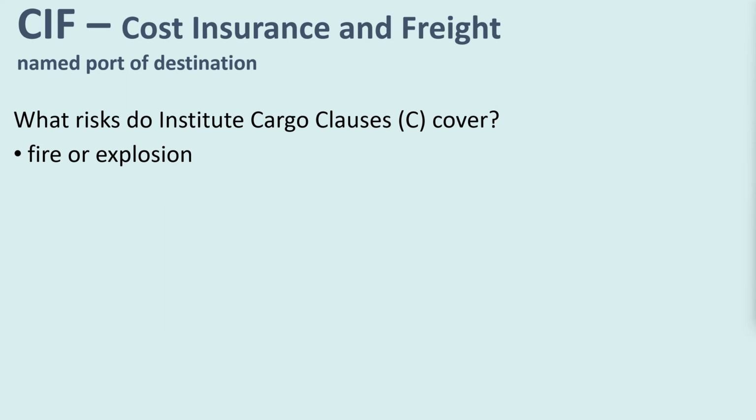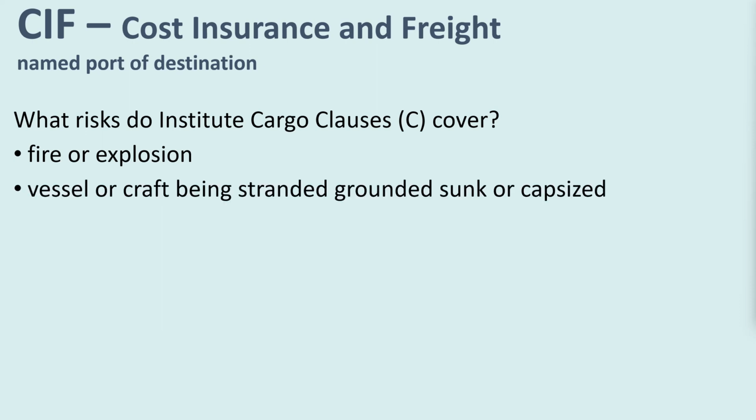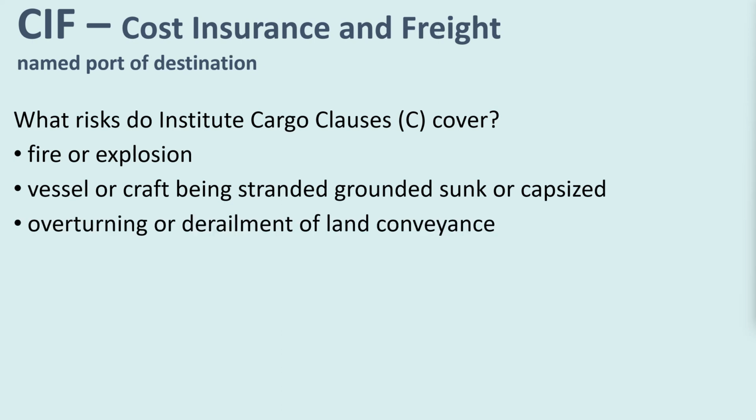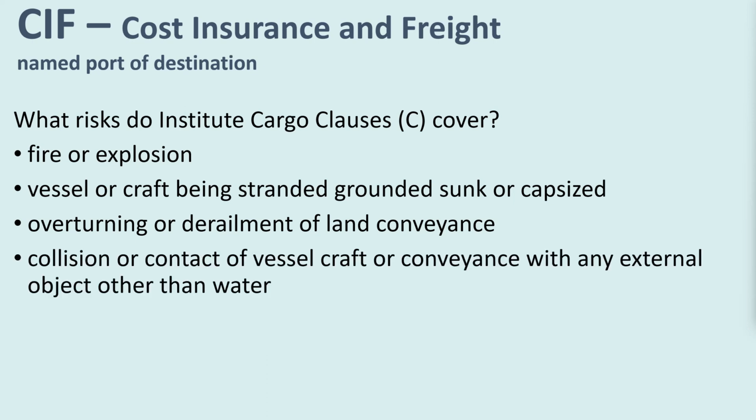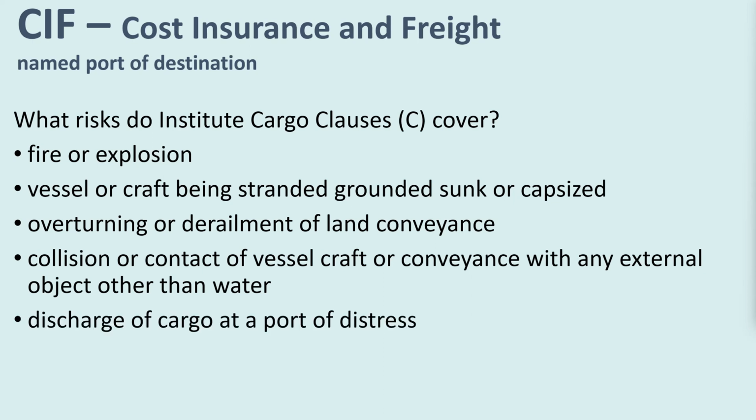Fire or explosion, vessel or craft being stranded, grounded, sunk or capsized, overturning or derailment of land conveyance, collision or contact of a vessel, craft or conveyance with any external object other than water. Discharge of cargo at a port of distress. General average sacrifice. And jettison.